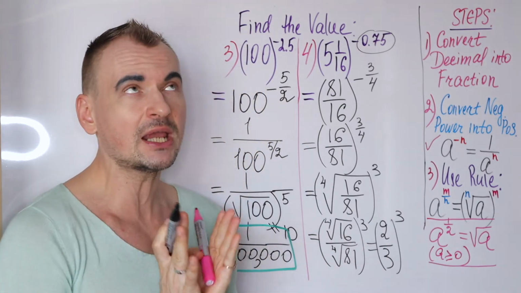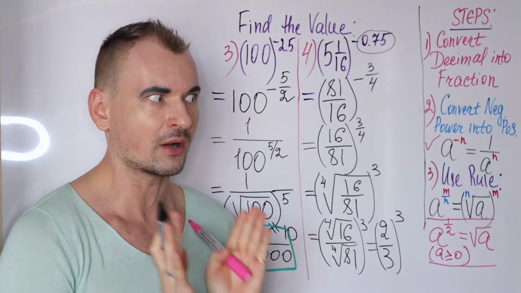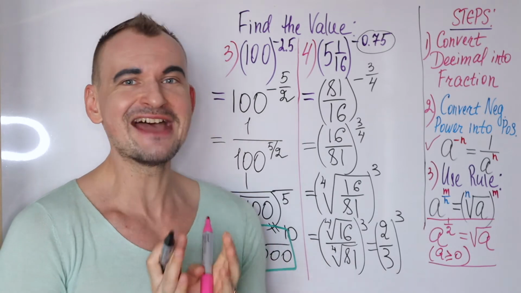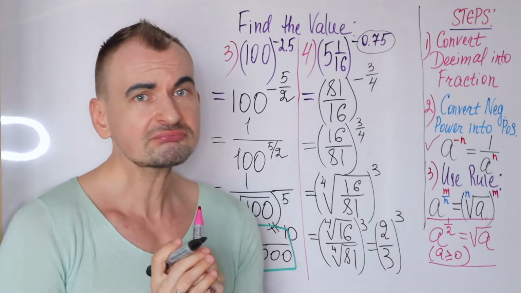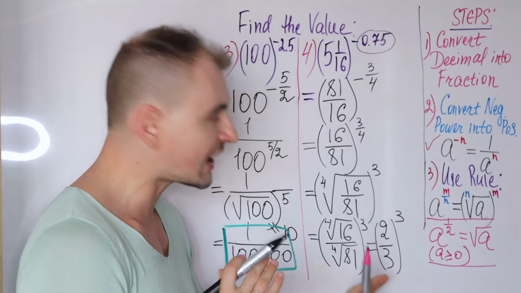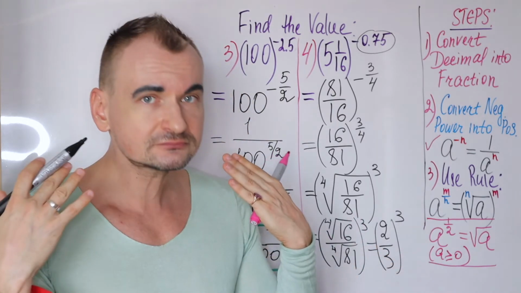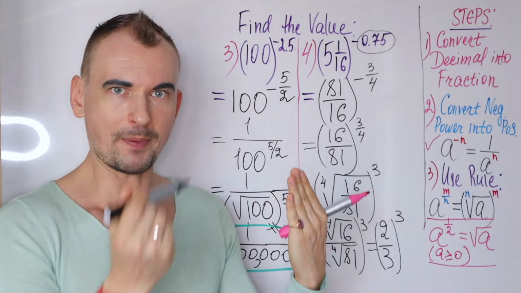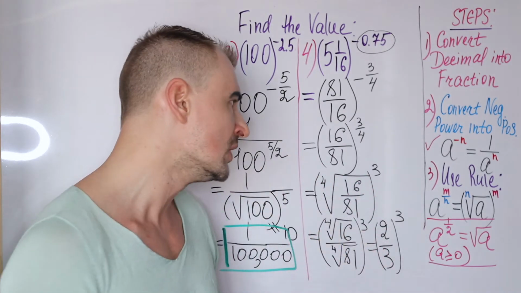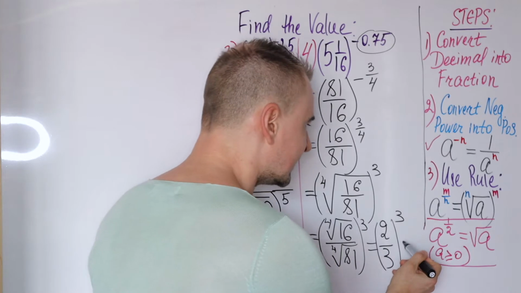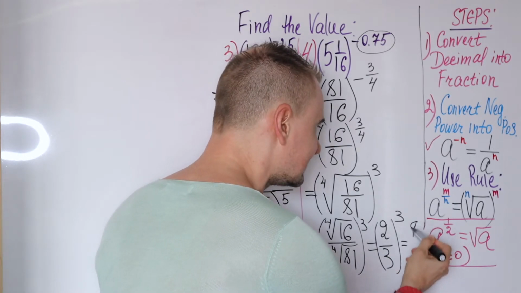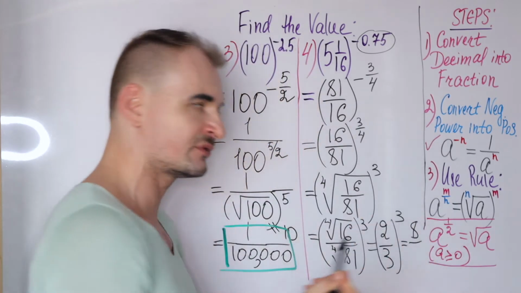And finally, the last step. Again, when you raise a fraction to any power, basically you raise the top and bottom separately to this given power. So 2 cubed gives you 8, since 2 times 2 times 2 is 8.